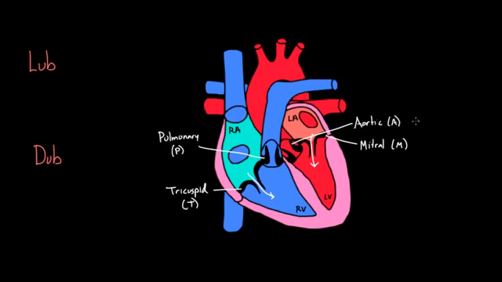So these are the four valves of the heart. As the blood is now in the ventricles, you can see that the tricuspid and the mitral valve are open. So far, so good.